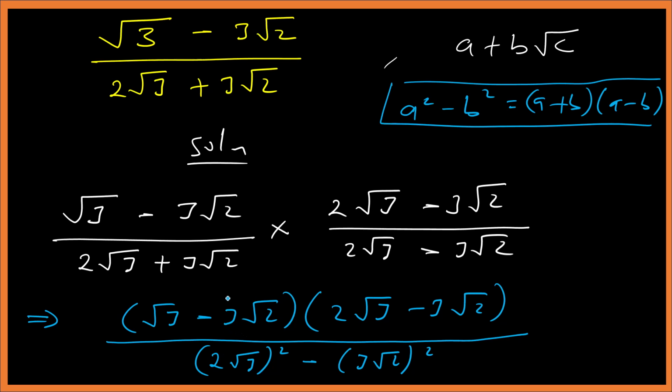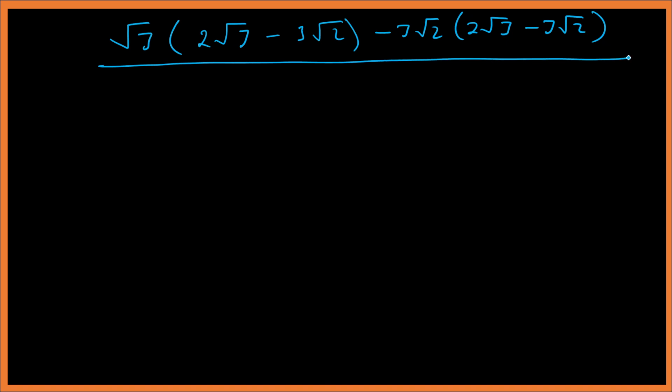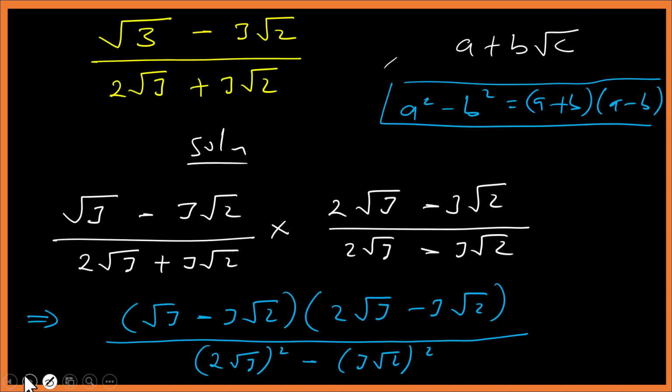So the next one will be minus 3 root 2, minus 3 root 2 times the same thing, minus 3 root 2. So let's confirm. So this one has taken that, and this one too has taken.